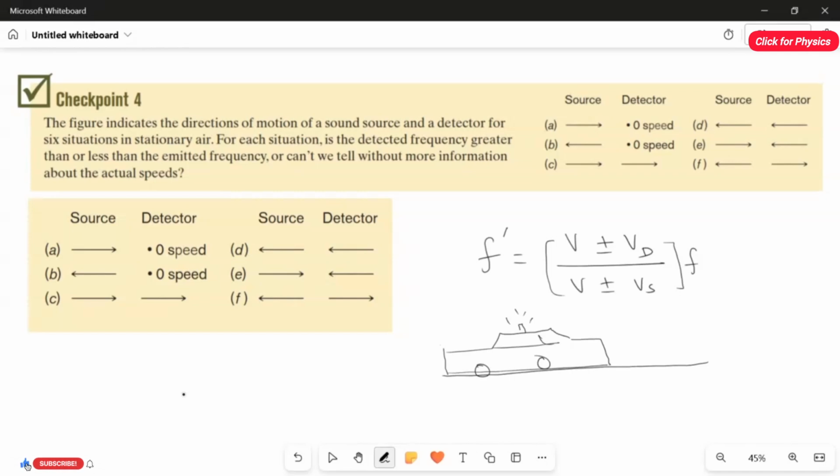So this is the police car, the source, and this guy is the detector.